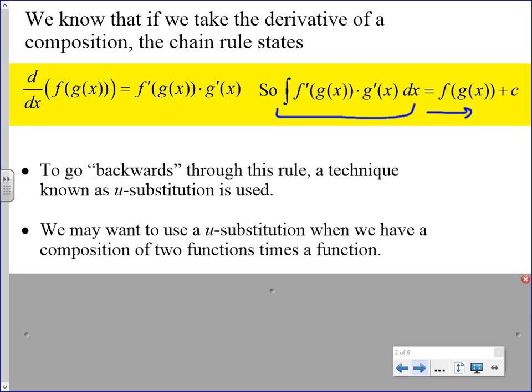What I want you to write down, don't worry about writing that down, that's kind of what I talked about. Paraphrase this, maybe just write in your notes that we need to look for a composition, okay, when we're using u substitution.